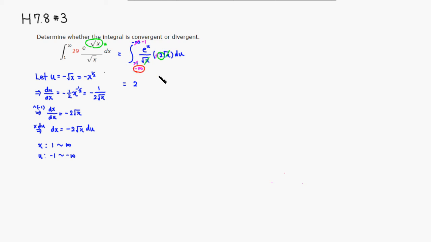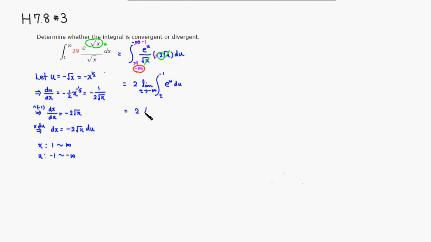So I'm going to replace negative infinity by t. Negative 1 is okay. Then the limit is t going to negative infinity. What's left is just e to the u du, which is nice because the antiderivative is very, very easy.